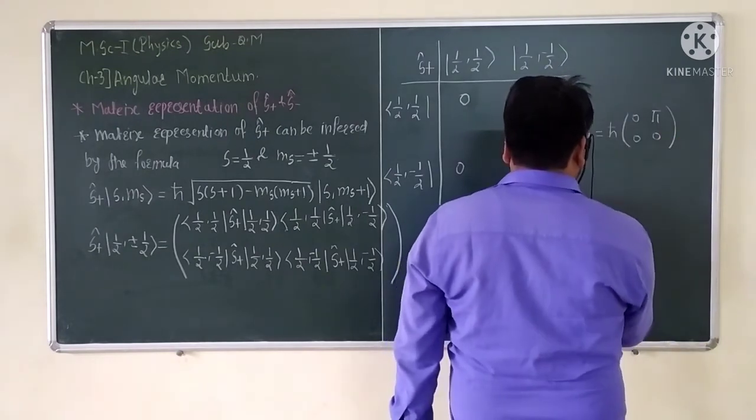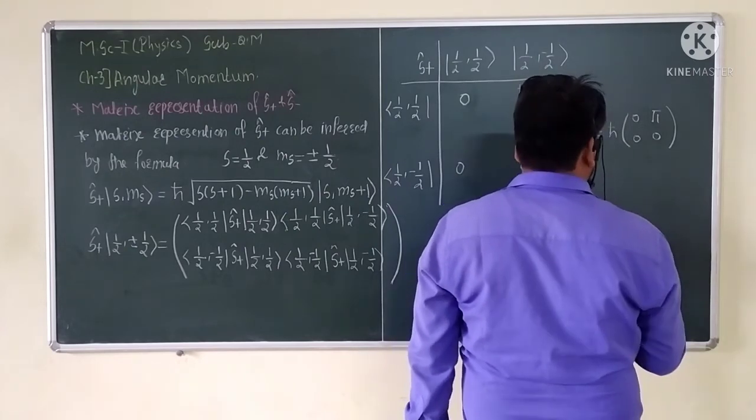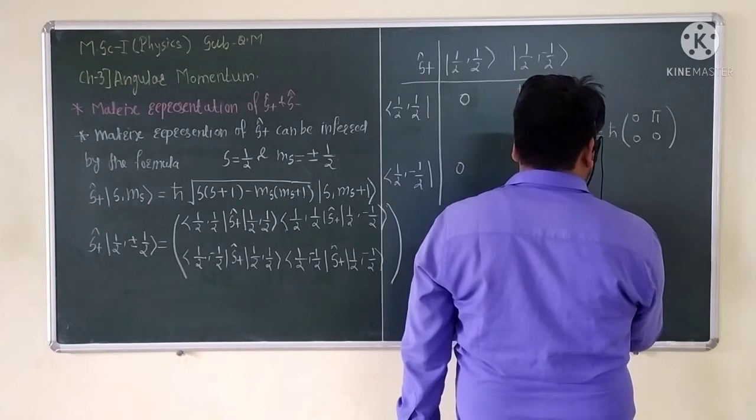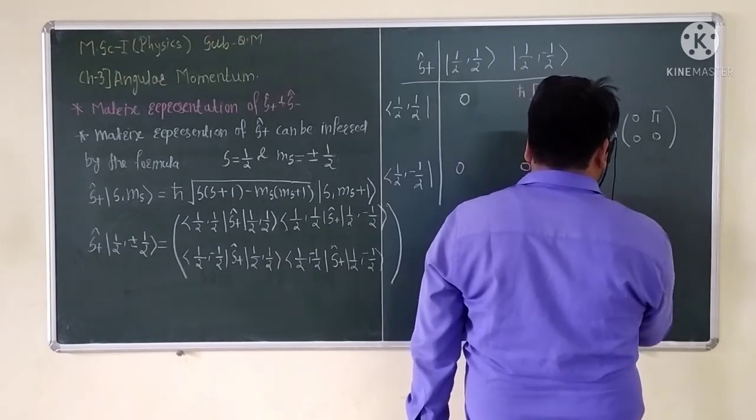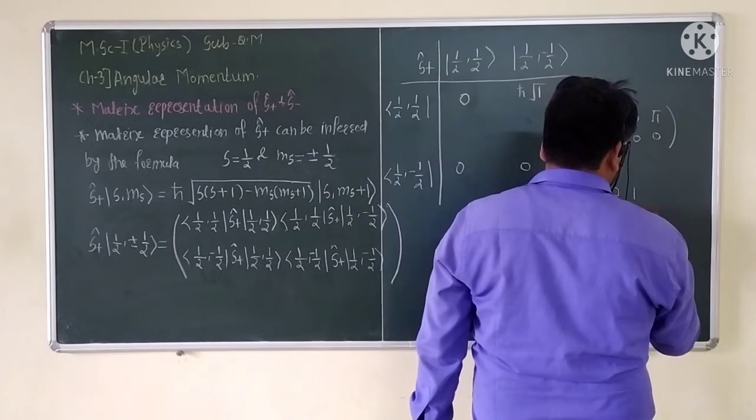So the S plus operator operating on the spin quantum numbers gives the matrix representation 0 1 0 0.